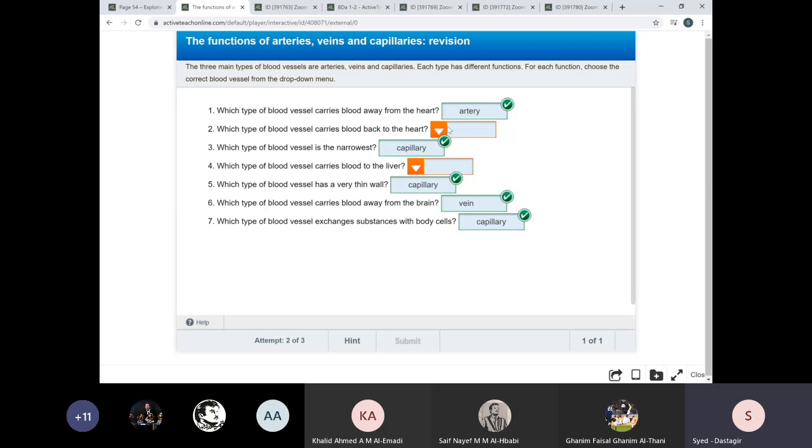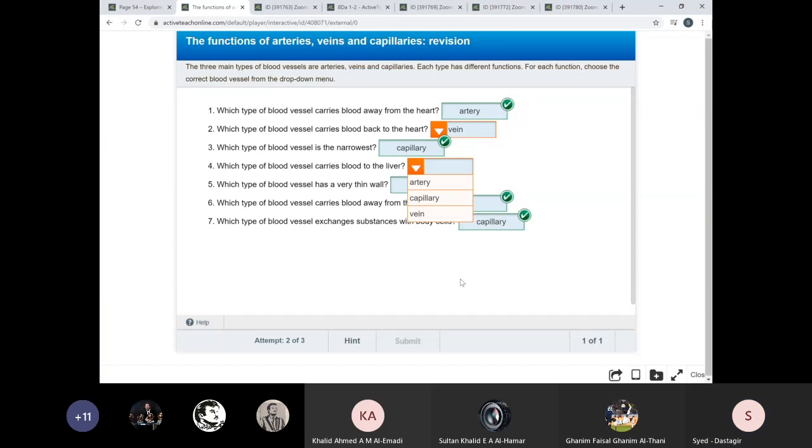Let's try again. So, number 2, who shall we ask? Let's ask Sultan Khalid. Number 2, which type of blood vessel carries blood back to the heart? Veins. Veins, you say? Okay. Let's ask Sultan Majid. Are you there?